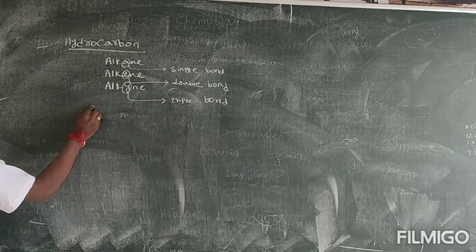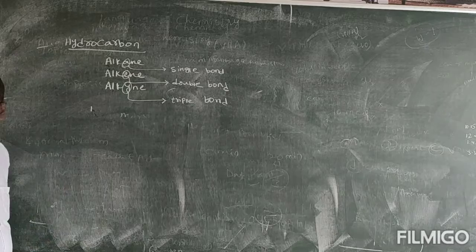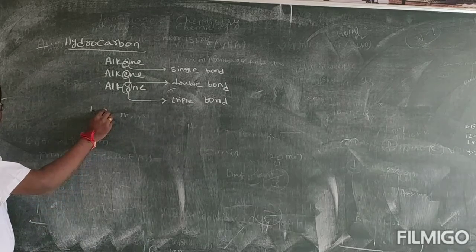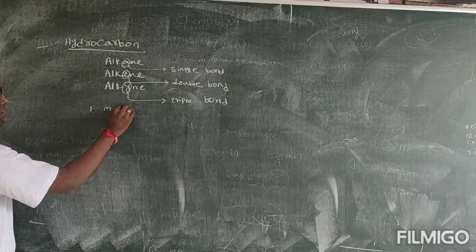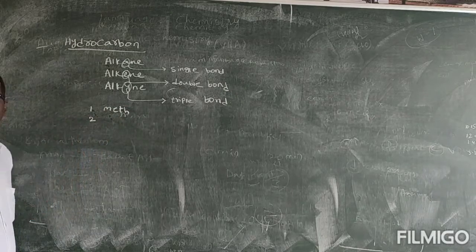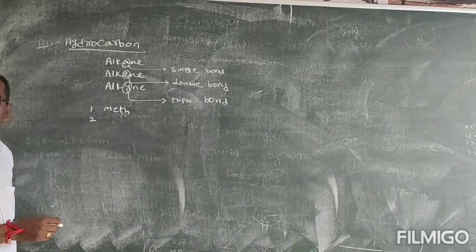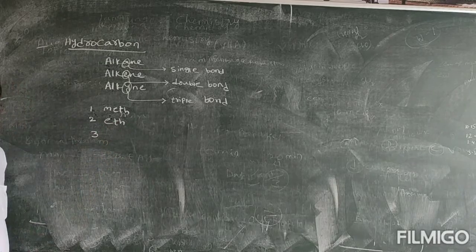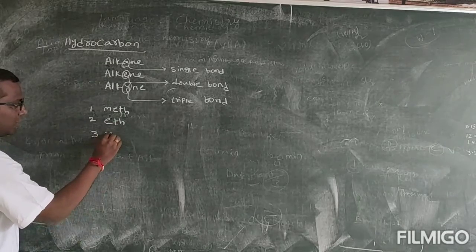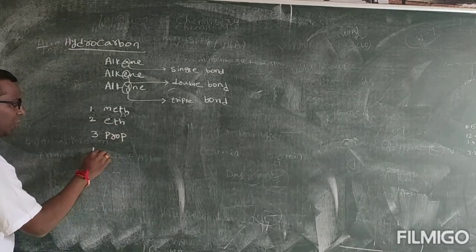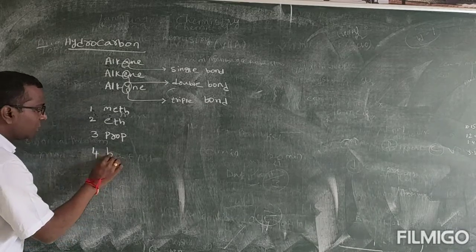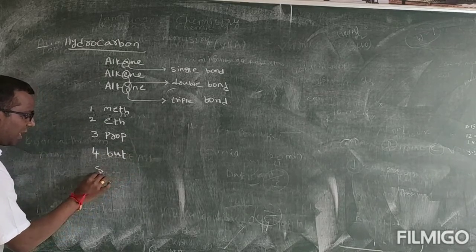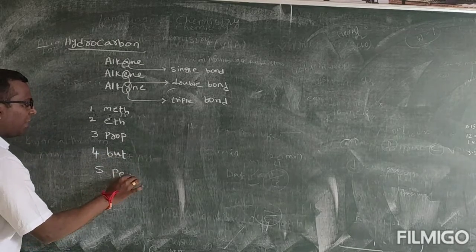If the number of carbons is 1, then we call the root word meth. If the number of carbons is 2, the root word is eth. If 3, prop. If 4, but. If 5, pent.